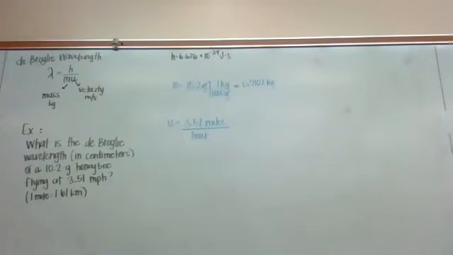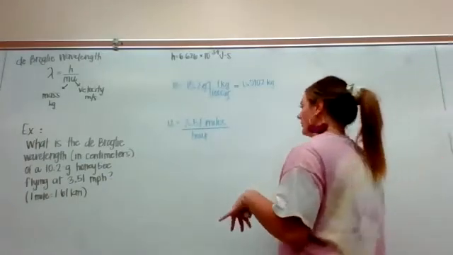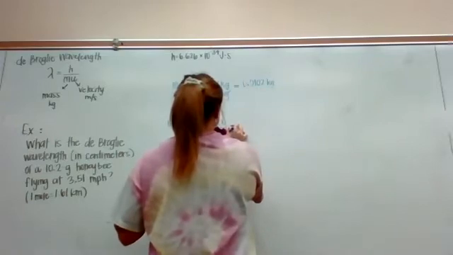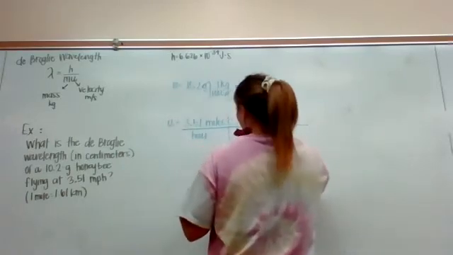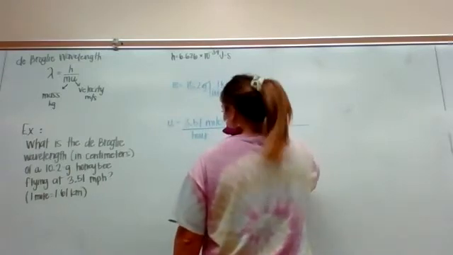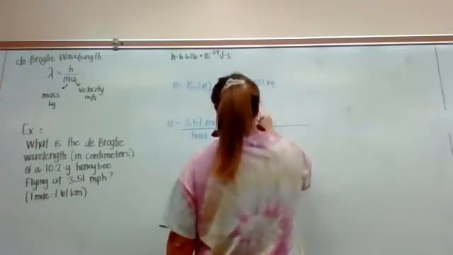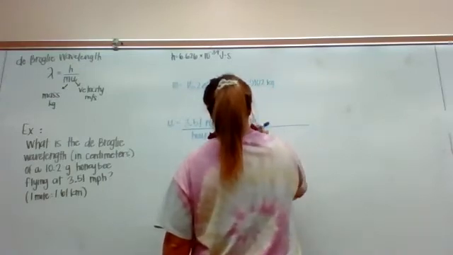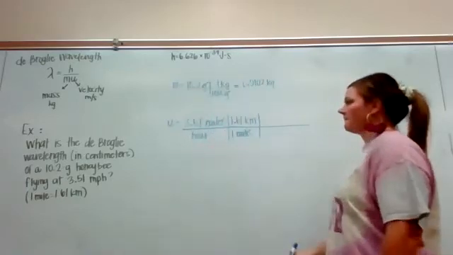They told you that 1 mile is 1.61 kilometers, so we can get miles to kilometers easily. If I want mile to cancel, I'll put the 1 mile on bottom, 1.61 kilometers on top. So my mile cancels.